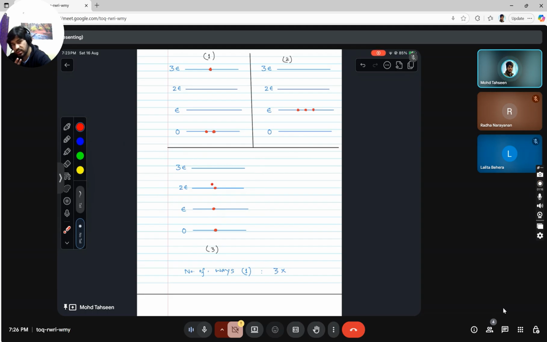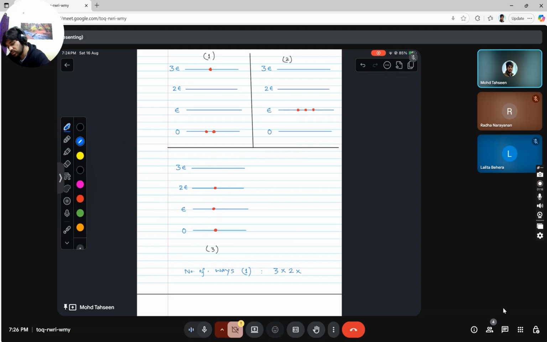So one is filled here, this can be filled in 3 ways, and once we fill that, there are 2 more particles left, and now for this energy level, I have 2 ways to fill it, right? And then for this energy level, there's only one way to fill it, because the remaining one will go there. That's fixed. I do not have any choice there.